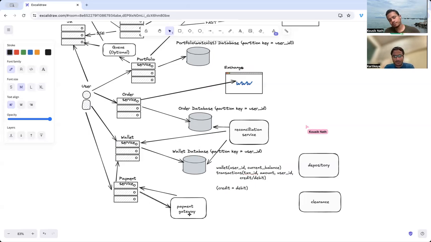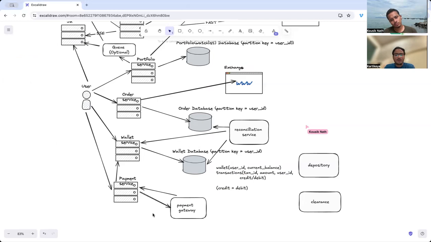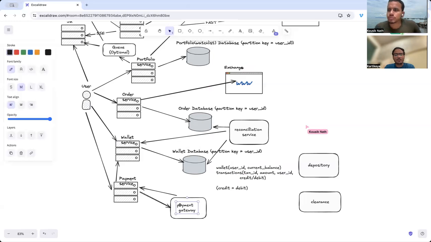Actually, that is a very known failure scenario that happens with the payment gateway. It's possible that the payment gateway tried to call the webhook, and somehow that call did not succeed, or the payment service was down at that time. So there are some strategies, some methods which are provided by the payment gateway.